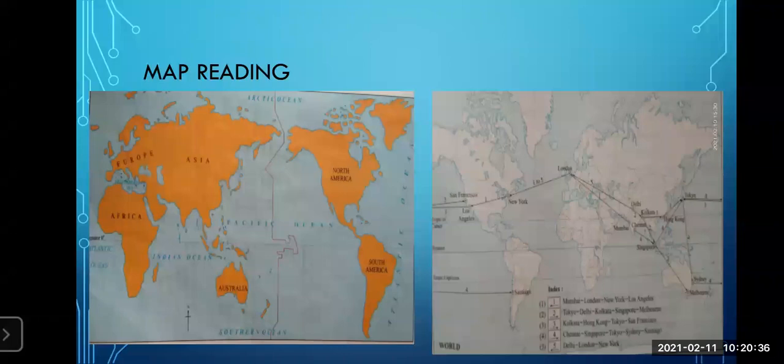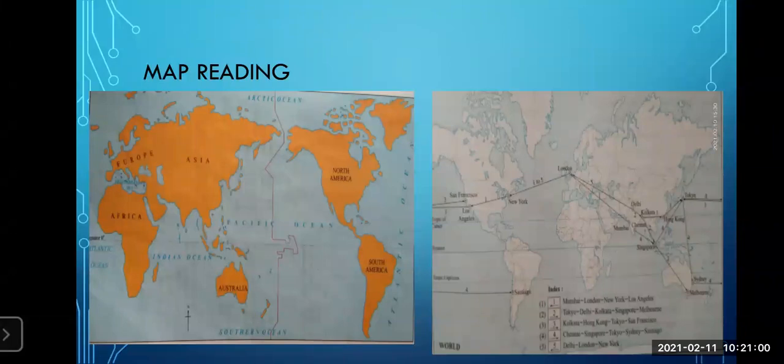Now the next is the flight from Tokyo, Delhi, Kolkata, Singapore and Melbourne. If the flight goes from Tokyo, Delhi, Kolkata, Singapore and Melbourne, then it is not crossing the IDL, because you can see all these places are in the continents near Asia and Europe.